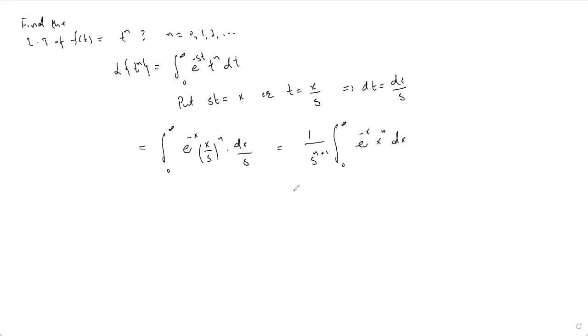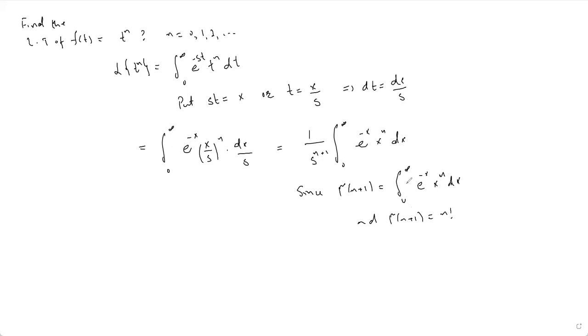Fine. Now, as I was saying, we have a gamma function. Gamma of n plus 1 is always equal to the integral from 0 to infinity of e raised to power minus x into x raised to power n dx, and gamma of n plus 1 is equal to n factorial.